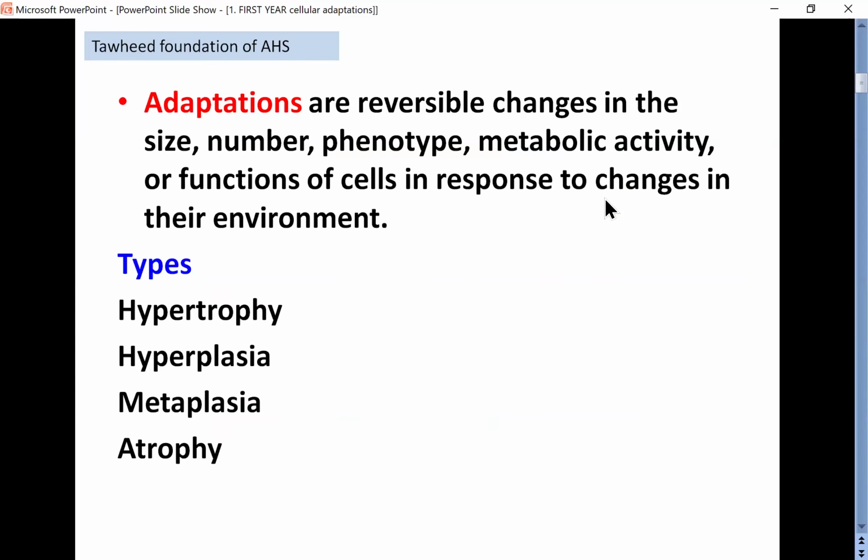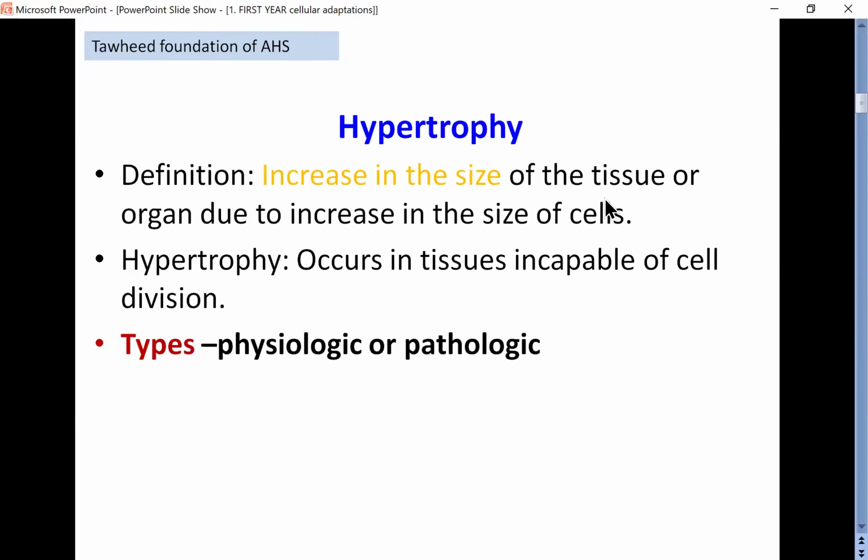Hyper means high, increased. Trophy you can relate to the size. So hypertrophy means increase in the size of the tissue or the organ due to increase in the size of the cell. Usually the cell has a normal size; when the size of the cell is increasing, that condition is called hypertrophy.